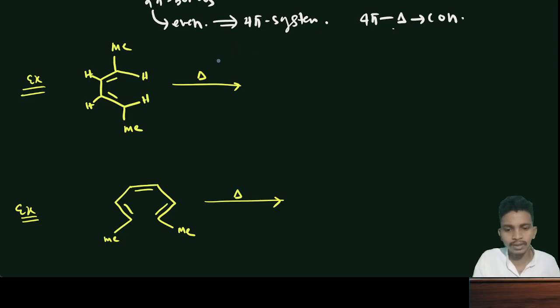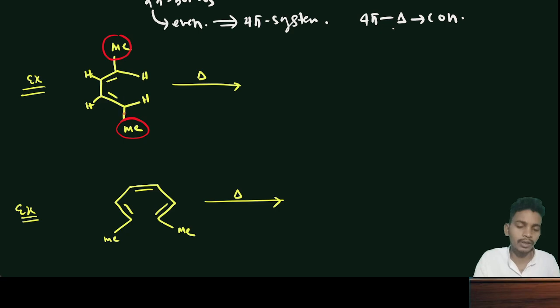Now if you look at this example, what you see here is this double bond is trans, and this double bond is also trans. Or we can also look just at the methyls. Okay, methyl here, methyl here. So this is out, and this is in.